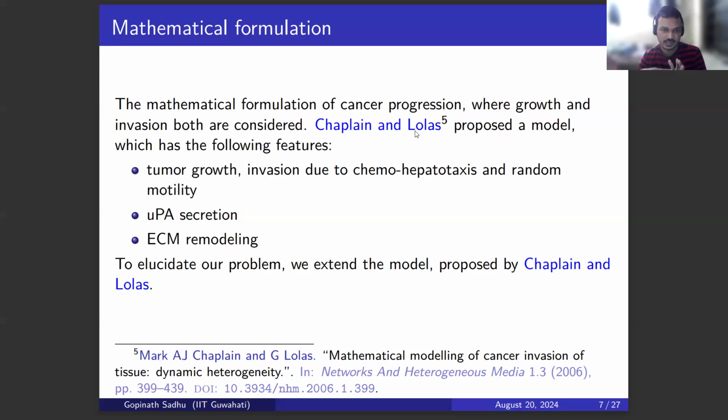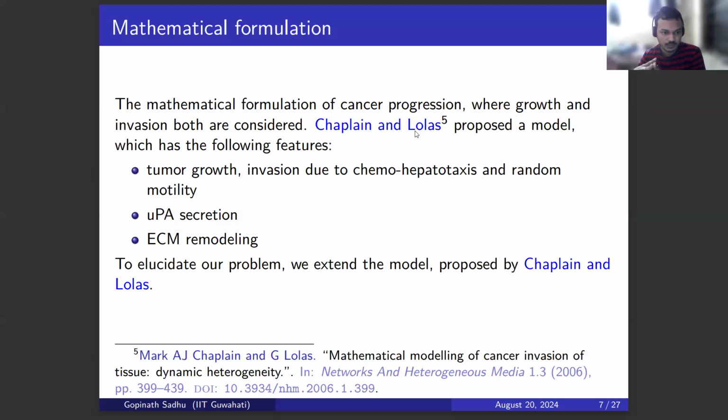The invasion is taken care of by three components: chemotaxis, haptotaxis, and also random motility. They also considered uPA secretion, and this chemical is secreted by cancer cells. They have also considered ECM remodeling.